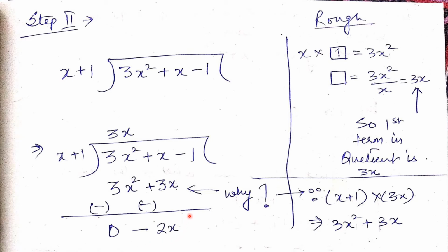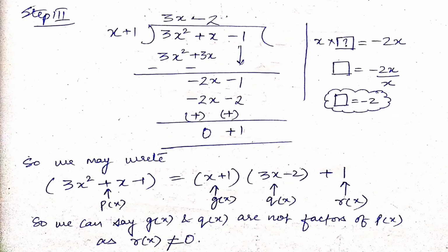Now what will happen? Step 3. Now we require the next term of the quotient. First of all, in the last step we got minus 2x as remainder. This minus 1 will come down as we do in normal division. So now we have this number to be divided.